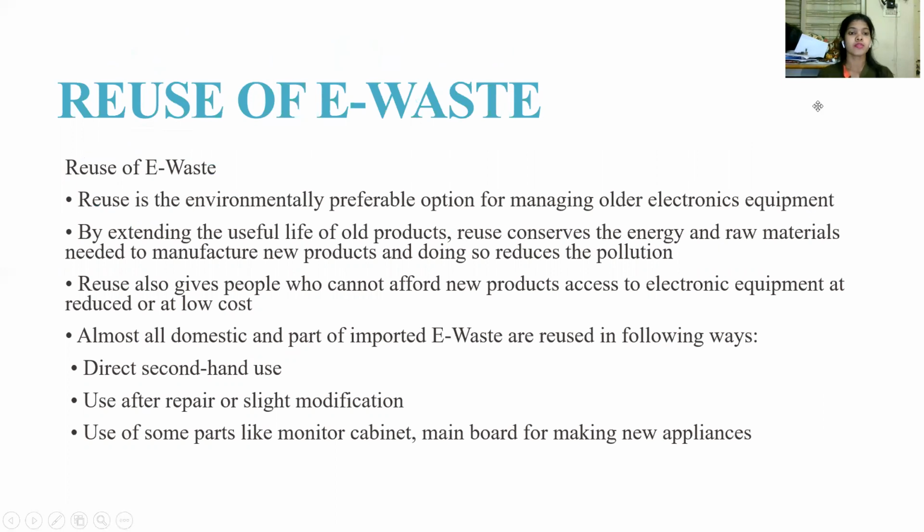Basically, reuse is the environmentally preferable option for managing older electronic equipment by extending the useful life of the old products. Reuse conserves the energy and raw materials needed to manufacture new products, and doing so reduces the pollution. Reuse also gives people who cannot afford new products access to electronic equipment at low cost.